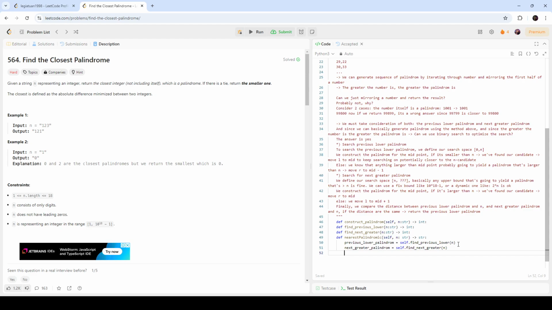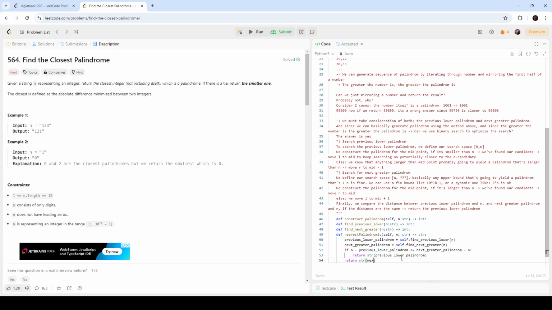Since these are going to yield integer outputs, we basically do this: if n minus previous lower palindrome is smaller or equal to next greater palindrome minus n, we just return string previous lower palindrome, else we return string next greater palindrome.